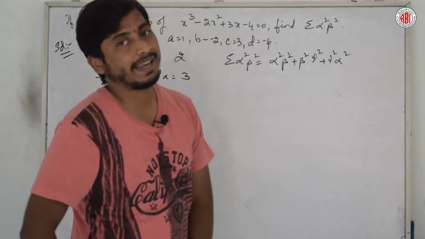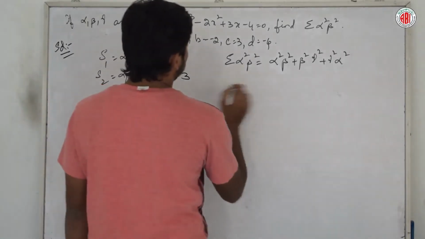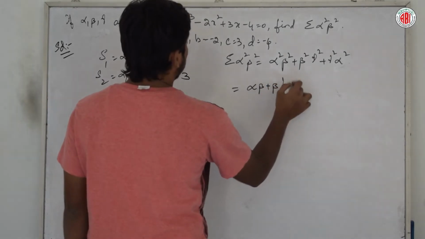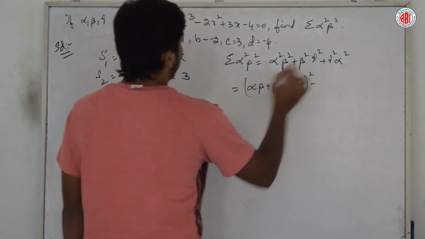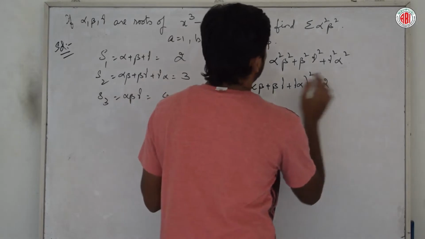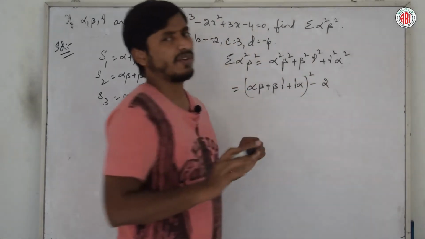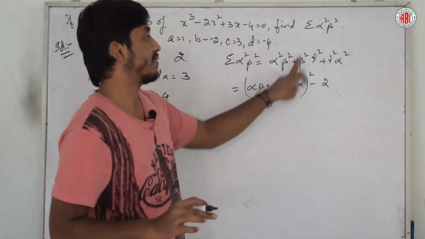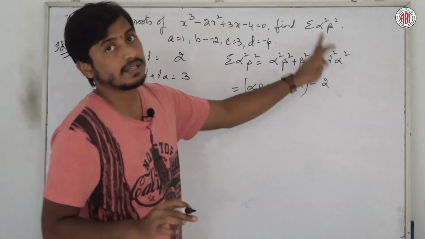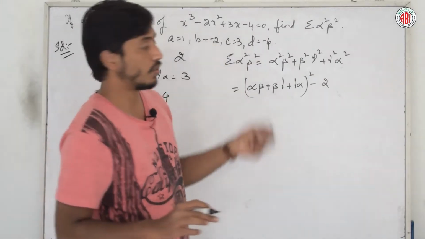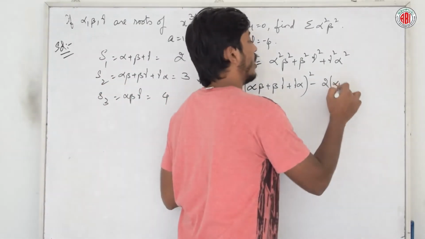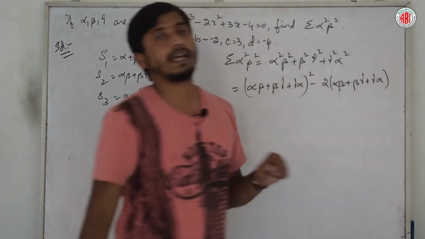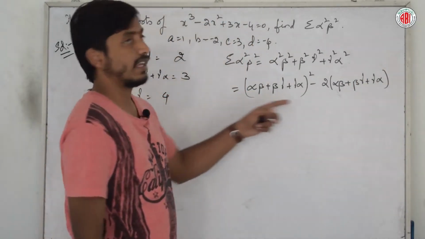Can I write it as a plus b plus c whole square minus 2, tell me the formula. A plus b plus c whole square is a square plus b square plus c square plus 2ab, 2bc, 2ca. So this can be written as minus 2 into alpha beta, beta gamma plus gamma alpha.